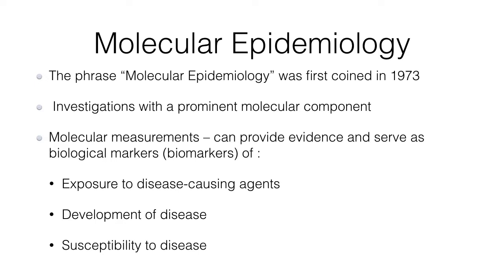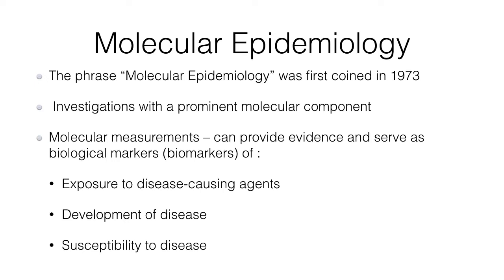The phrase molecular epidemiology was first coined in 1973 by Kilbourne in an article entitled The Molecular Epidemiology of Influenza. So the term became more formalized with the first book on molecular epidemiology, Principles and Practice by Schulte and Perera.